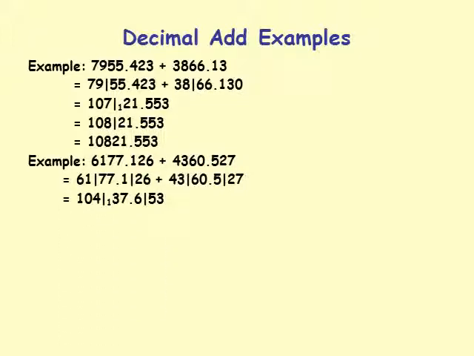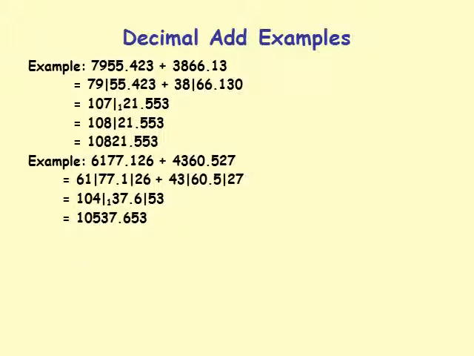So that's equal to 104 here, 137 here, and 653 here. 26 plus 27 is 53, 1 plus 5 is 6, 77 plus 60 is 137, 1 gets carried, 61 plus 43 is 104.